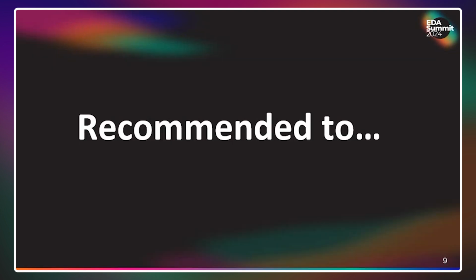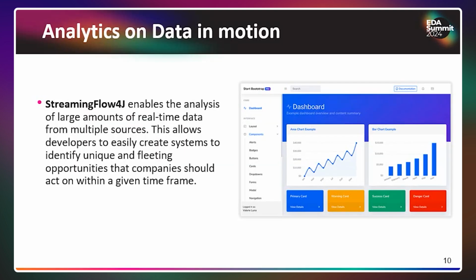People used to say it's recommended to make compatible analytics and data motion to enable analytics on a wide amount of real-time data from multiple sources, so developers can easily create systems to identify unique and fleeting opportunities that companies should act on within a given time frame.